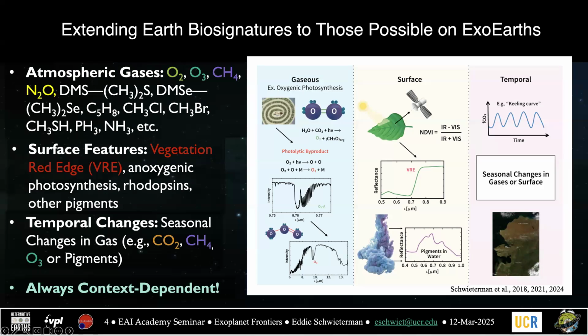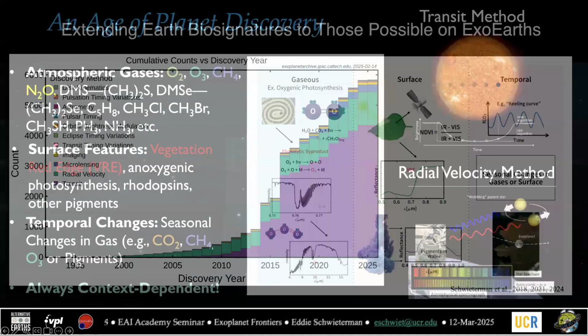And finally, there could be temporal changes in both of these things or non-biosignature gases that are nonetheless processed by biology, such as carbon dioxide. On Earth, we have seasonal growth and decay of vegetation, which leads to rises and falls in CO2. And that, in principle, could be linked to biology. All of this, of course, doesn't consider the spectral signatures and detectability of those gases and features, which will depend on their abundance.